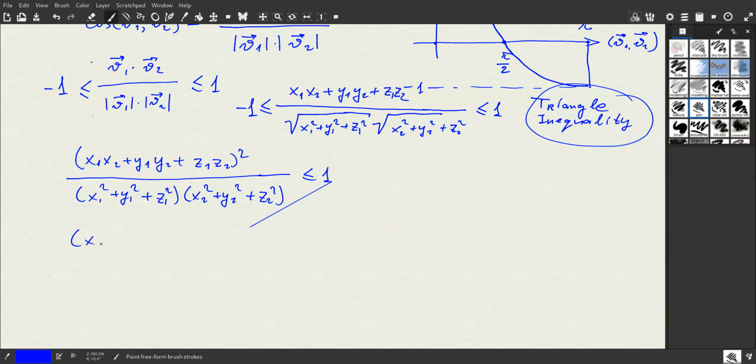Or (x1, x2 plus y1, y2 plus z1, z2) squared must be less than or equal to x1 squared and so on times x2 squared and so on. Okay, and the remainder is pure algebra.